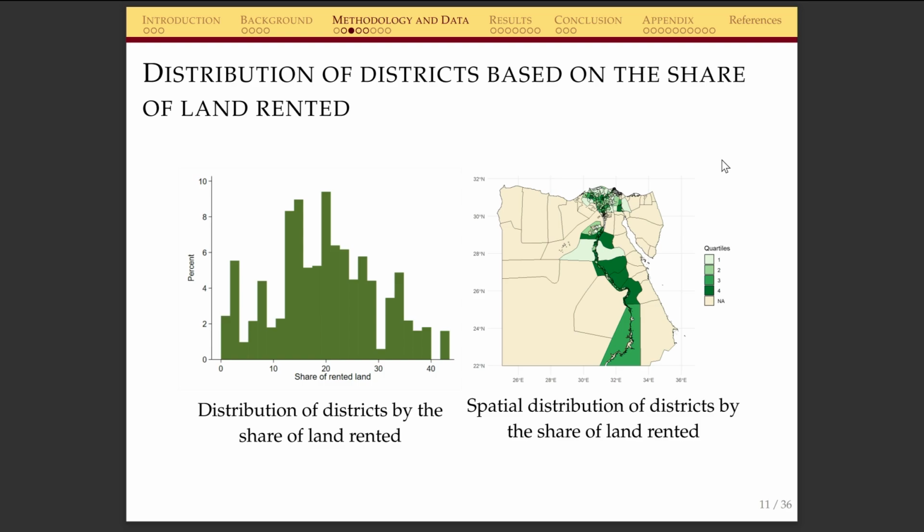Also, if we break down the share of land rented by quartiles and look at the geographical distribution, we see that districts belonging to different quartiles are represented across different parts of the country.